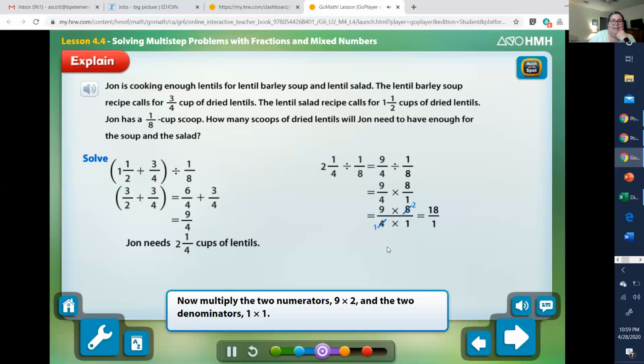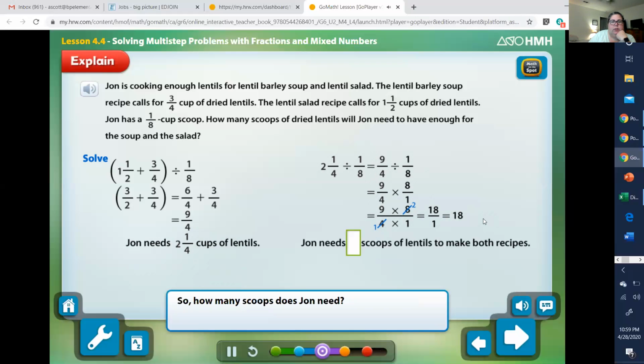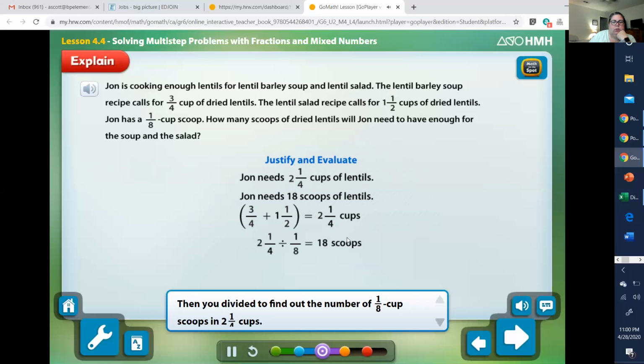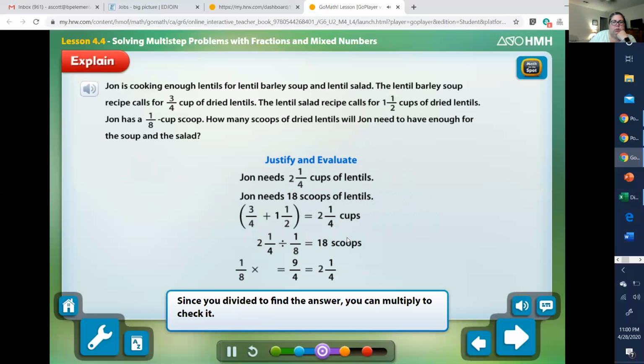So you cross cancel there. So 18. What do you think?